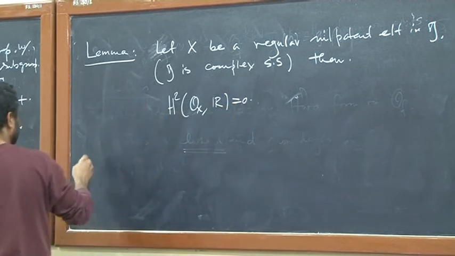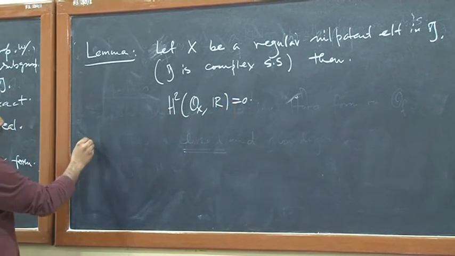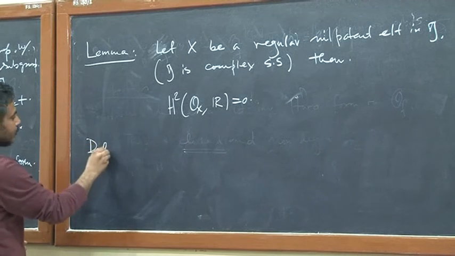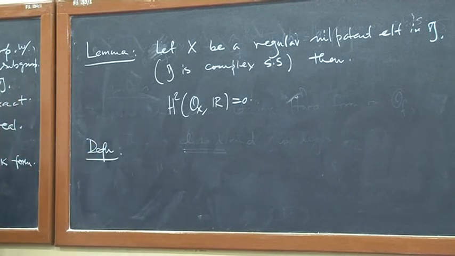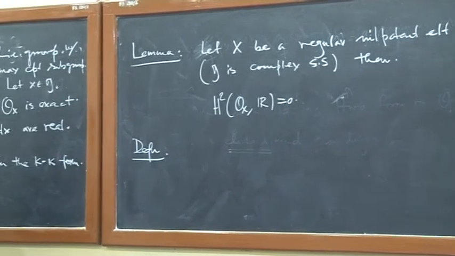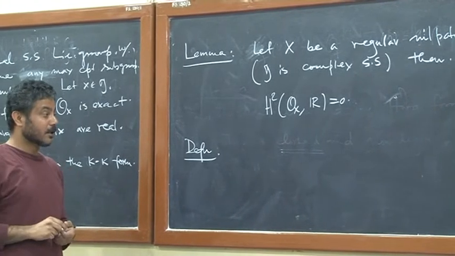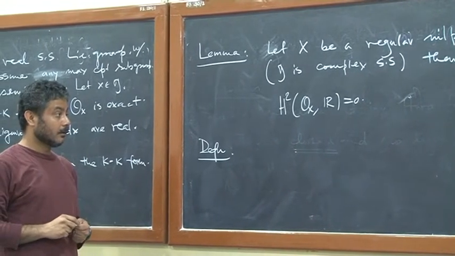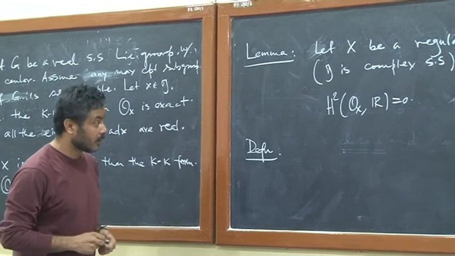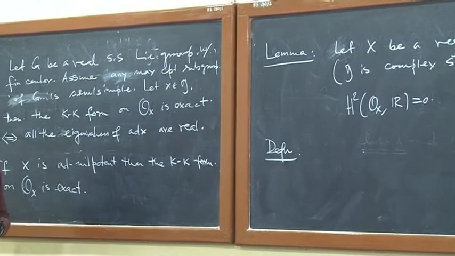So let me explain what regular means. So definition. Regular nilpotent elements are the nilpotent elements for which the centralizer has the least dimension, or the orbit has the greatest dimension.